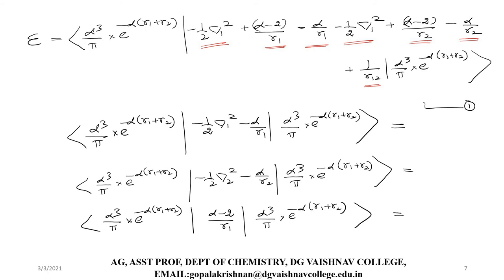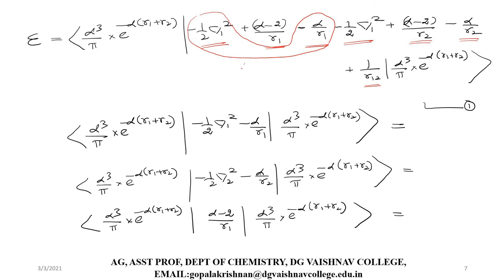Now listen, we can combine this in a systematic manner. I am going to combine minus 1 by 2 del 1 square with minus alpha by r1. Why am I doing this?